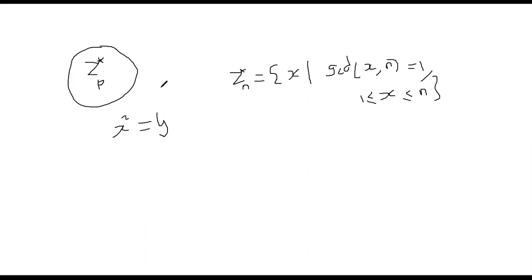Then, of course, 4 is a quadratic residue because 4 can be written as 2 power 2. So if an element can be written as a power of 2, then we say y is a quadratic residue, right? This is y, the quadratic residue, and x is the square root of y, because when you multiply x 2 times, we get y. Y is the quadratic residue, x is the square root, okay?